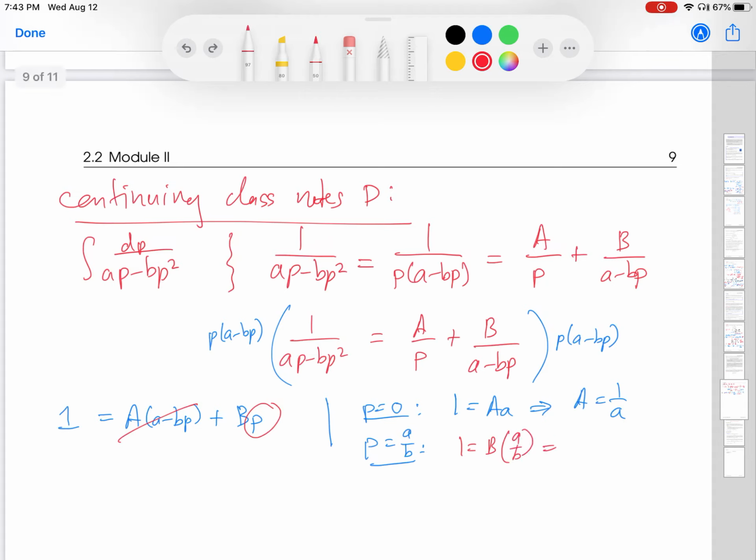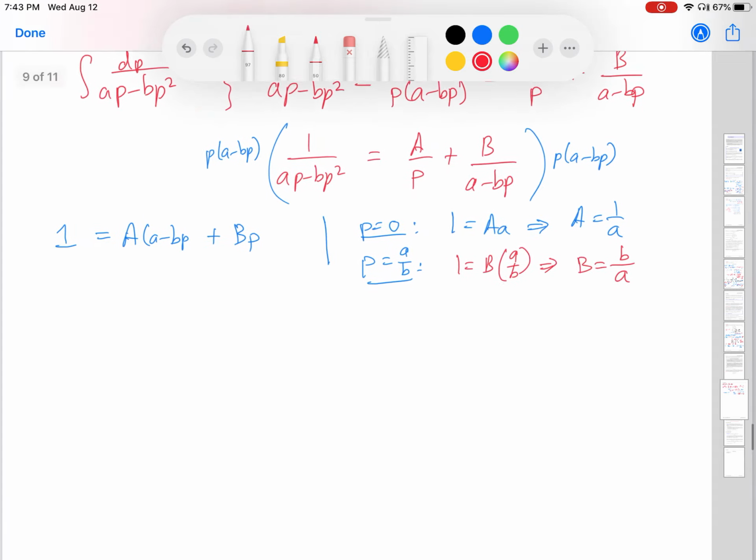And then I am trying to solve for capital B. So I go back here and I multiply by little b, divide by little a, and I get capital B equals b over little a.